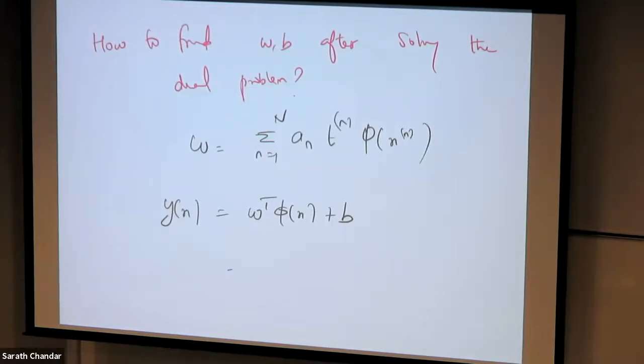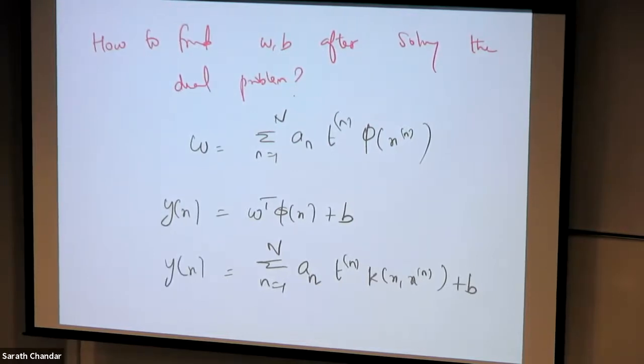So this becomes summation over n is equal to 1 to capital N, a n, t of n, kernel of x n, x plus b. Is that clear?